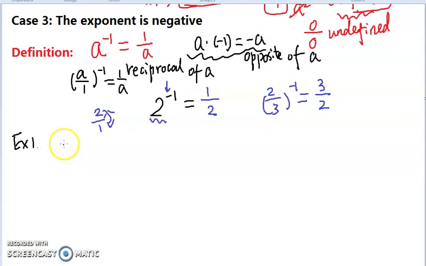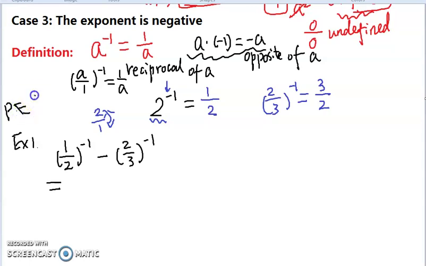The first example, 1/2 raised to the negative first power minus 2/3 raised to negative first power. And following the order of operations, please excuse my dear Aunt Sally, we have to do parentheses first.